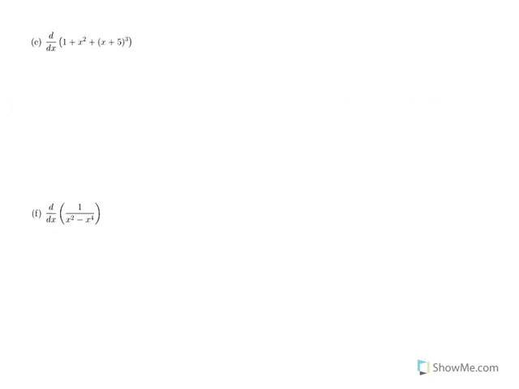Here we have 1 plus x squared plus x plus 5 cubed. And note that for this derivative, we don't need to do the chain rule at the beginning necessarily. You could write this as the derivative of 1 plus the derivative of x squared plus the derivative of x plus 5 cubed.